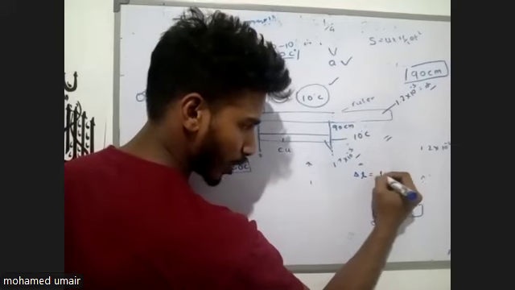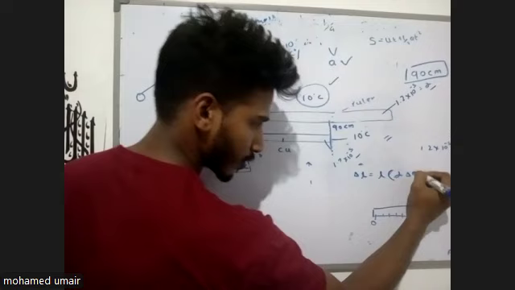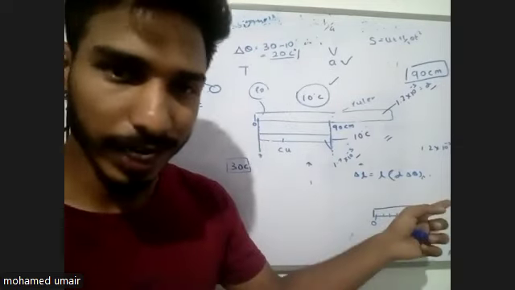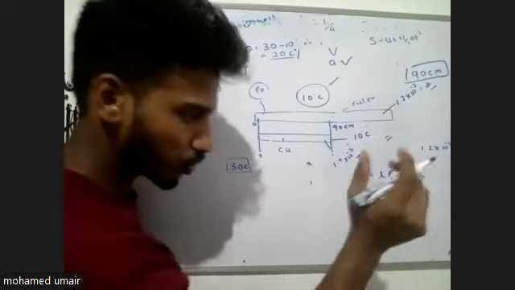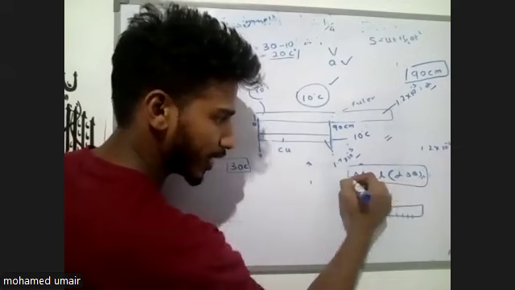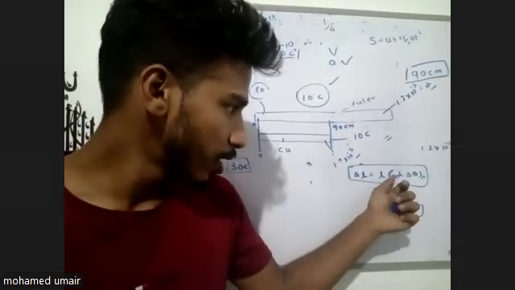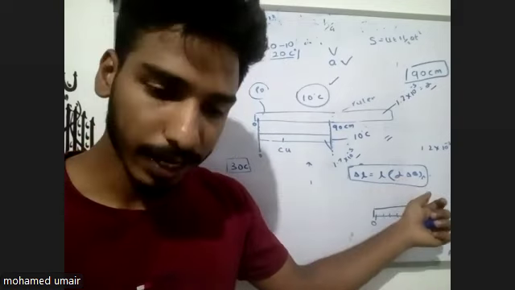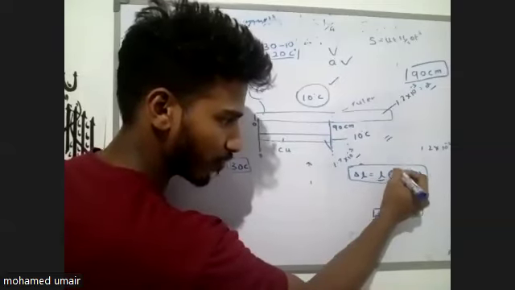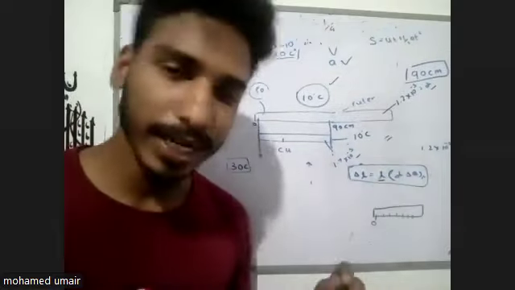It is L into alpha delta theta. The expanded length will be L times 1 plus alpha delta theta. If I just consider only the expansion, it is delta L equal to L times alpha delta theta. L represents the initial length, alpha is the linear expansivity, and delta theta is your temperature change.